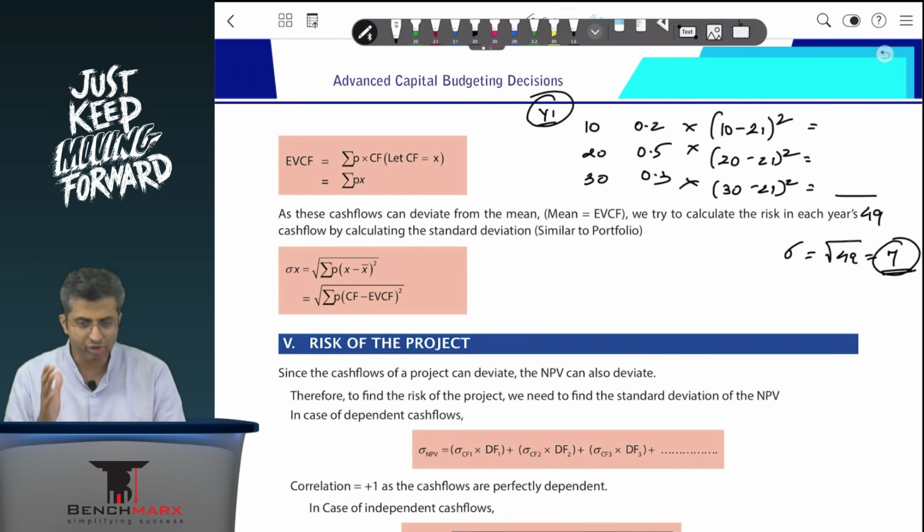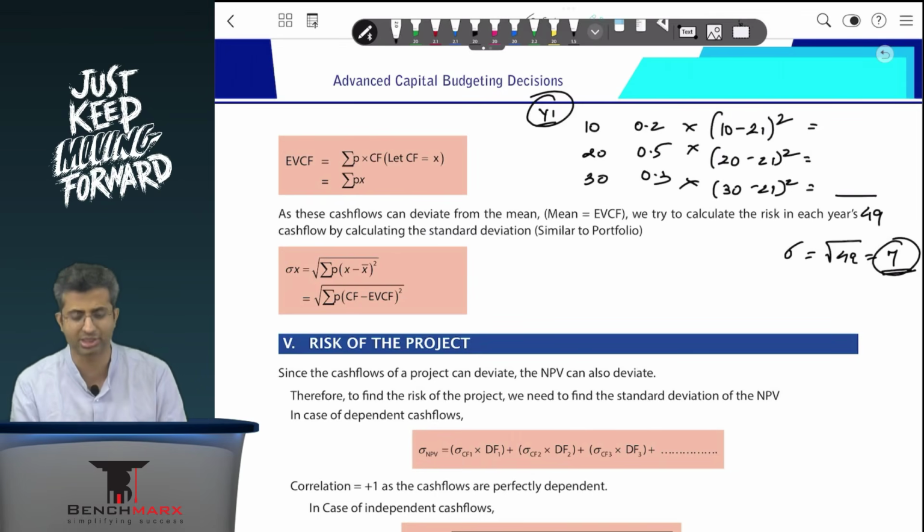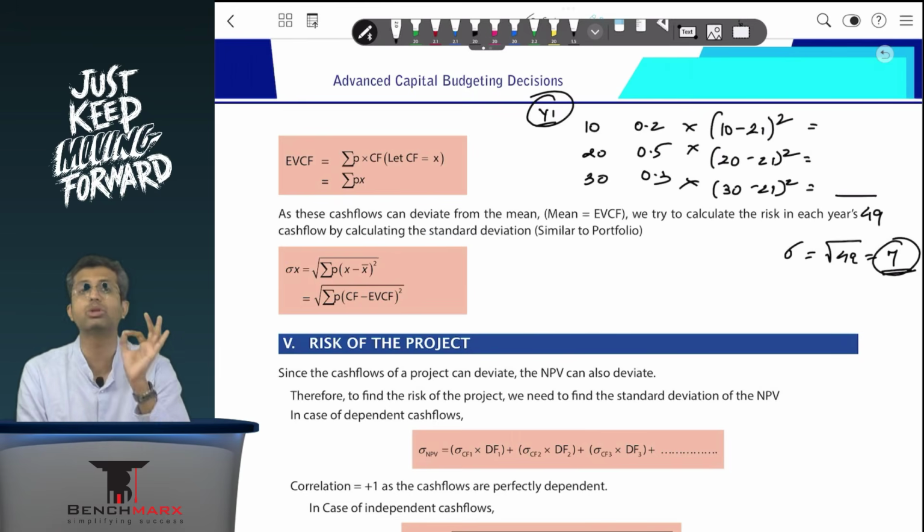Like portfolio standard deviation will consider the standard deviation of all the securities, similarly the standard deviation of the project will also consider the standard deviation of all the years. Like 7 in the first year, maybe 9 in the second year, maybe 12 in the third year, depending on the data series, or it can be 7 in each of the years, but it will consider the standard deviation of the cash flow for each of the years.